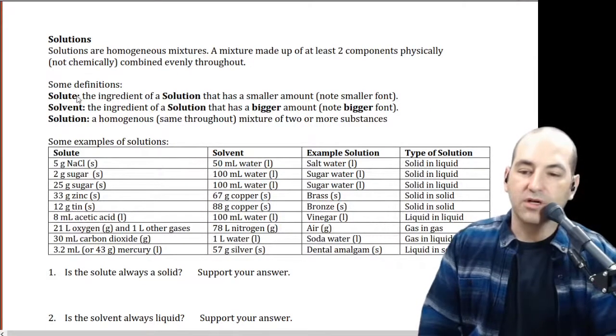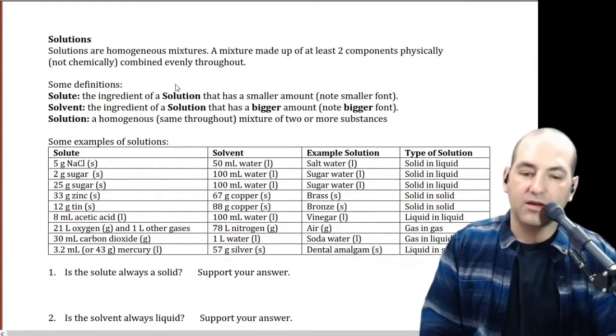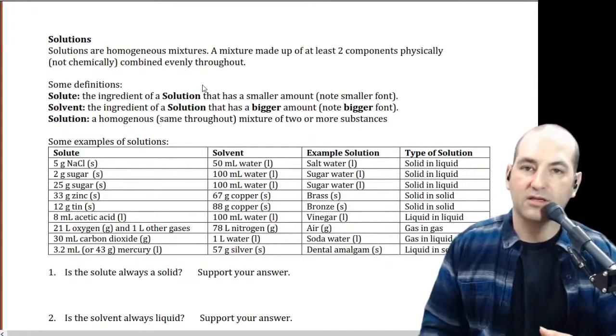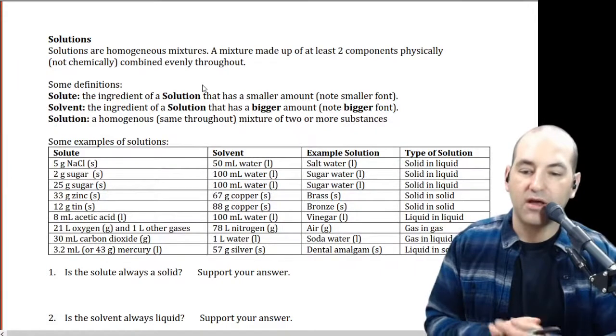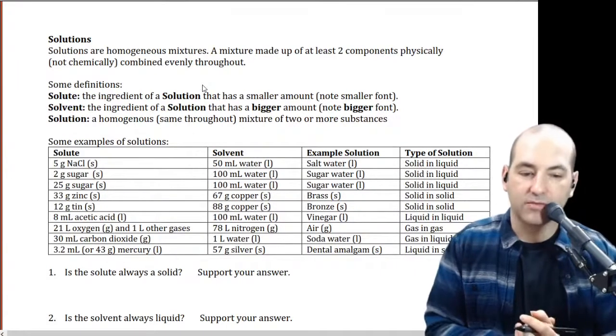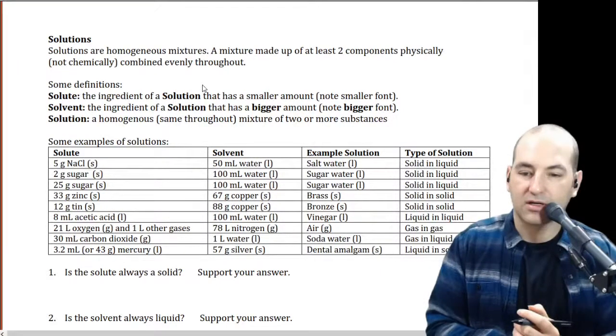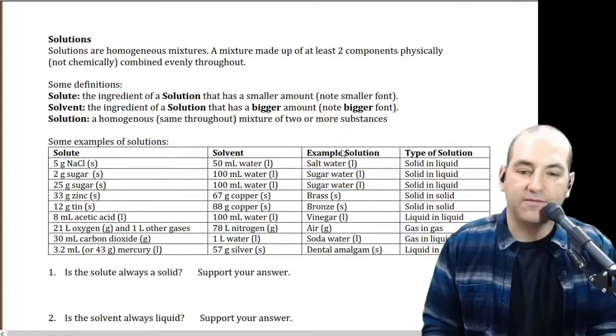We also use a couple terms, the solute and the solvent. We often think of the solute as a solid and the solvent as a liquid, but that is not always true. So let's look at some examples here. Really, the definition is just the solute has the smaller amount and the solvent has the bigger amount.